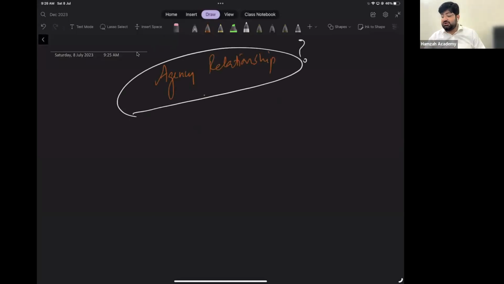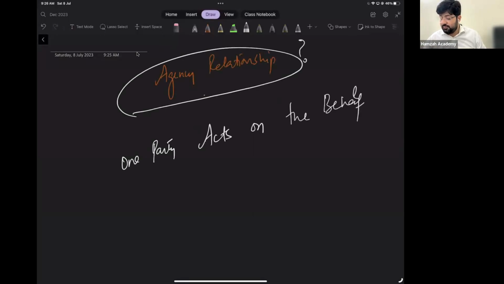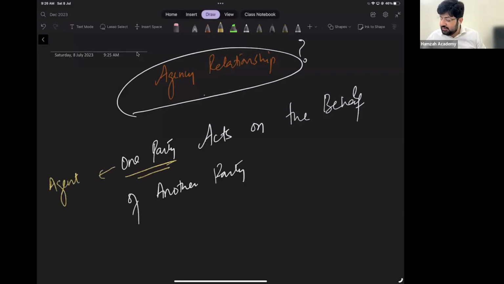Agency relationship is a relationship where one party acts on behalf of another party. The party which is acting is called the agent. The other party, on whose behalf the agent is acting and dealing with third parties, is called the principal.